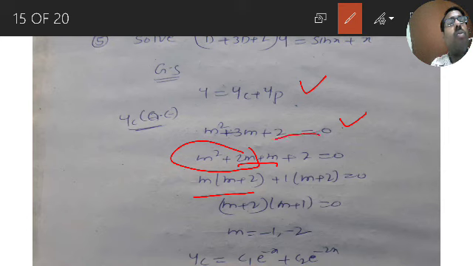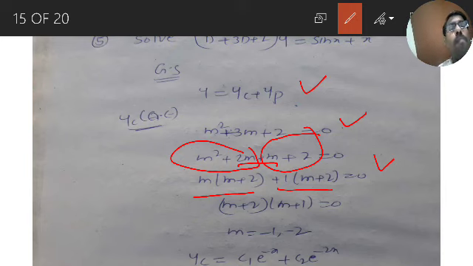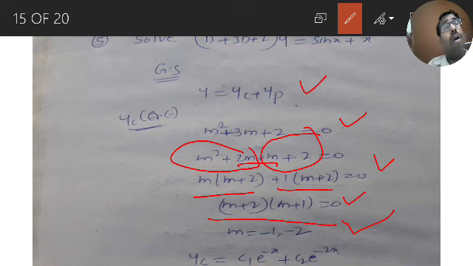From the next two terms take 1 common, you get 1 into (m plus 2). So m into (m plus 2) plus 1 into (m plus 2) is equal to 0. Taking (m plus 2) common, (m plus 2) into (m plus 1) equal to 0. Now the roots are m is equal to minus 1, minus 2.